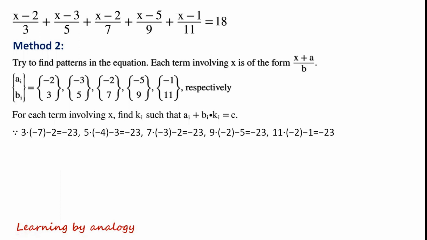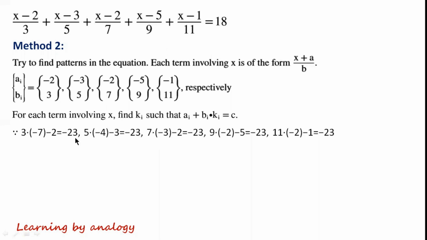Now look at a3, b3 again. 7 times -3 minus 2 gives us -23. So it's possible that -23 is c in this case.